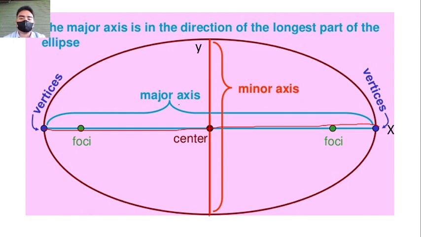Now, if your ellipse lies in this formation or in a horizontal manner, your principal axis will be x. Okay? Because the Cartesian plane inside your ellipse, the longer one, is x. If the longer one is x, therefore your principal axis is x.